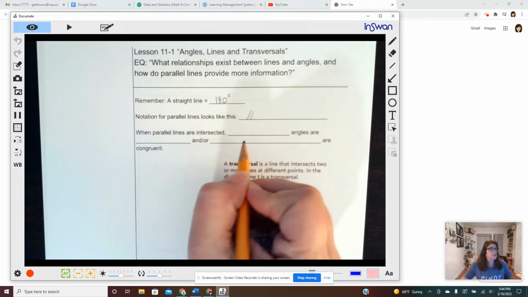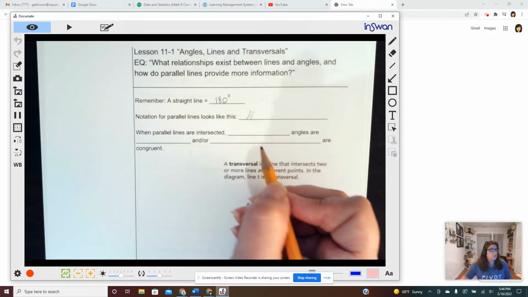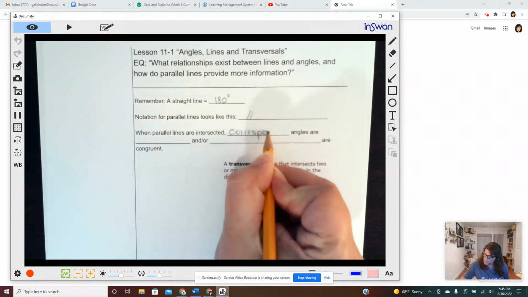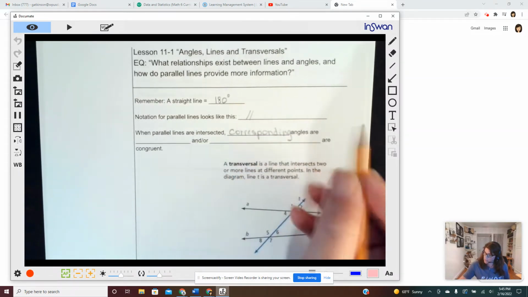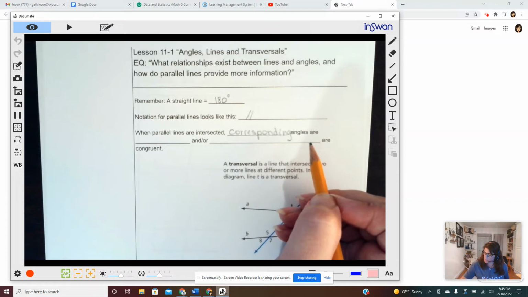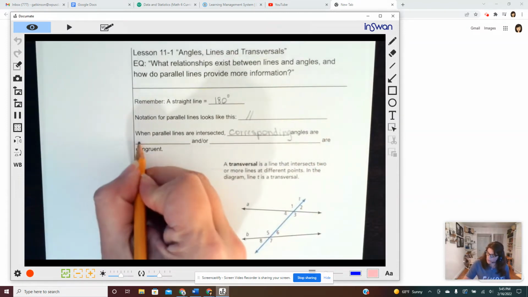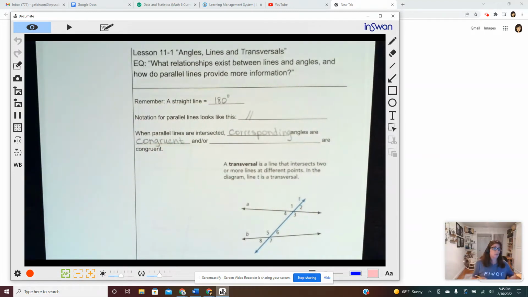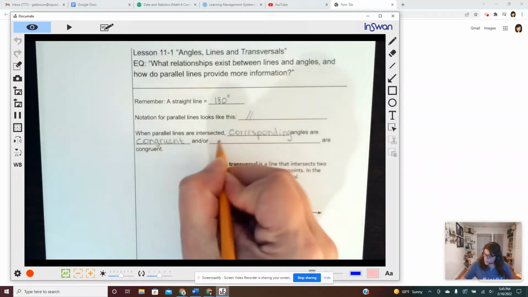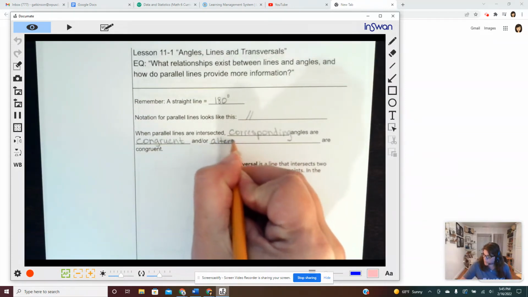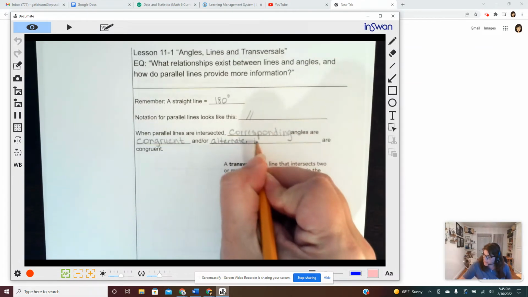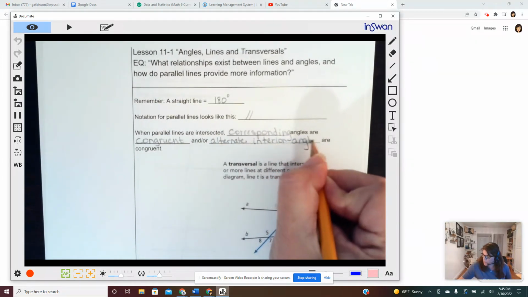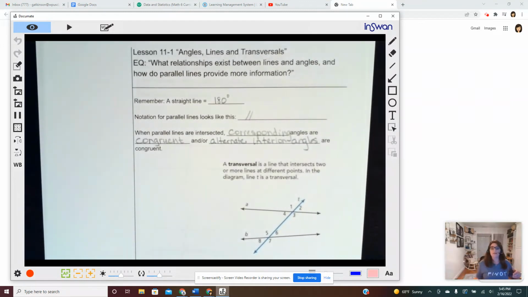So when parallel lines are intersected, corresponding angles are congruent, and if you have both, alternate interior angles are congruent. Now, what does that mean?